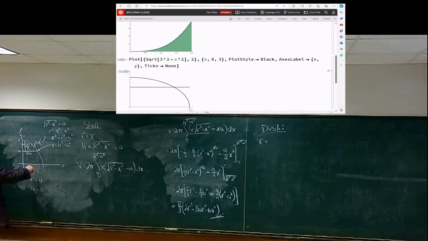Well, remember, r is from the axis of revolution to the curve. In this case, the region isn't being split between two curves, at least if you're moving through it horizontally. It's a single curve from the axis of revolution. What's that curve in terms of y?